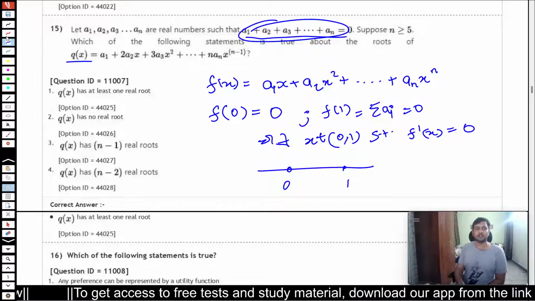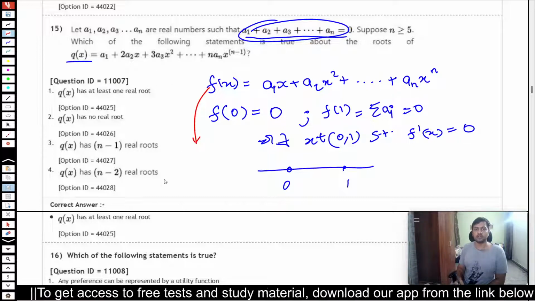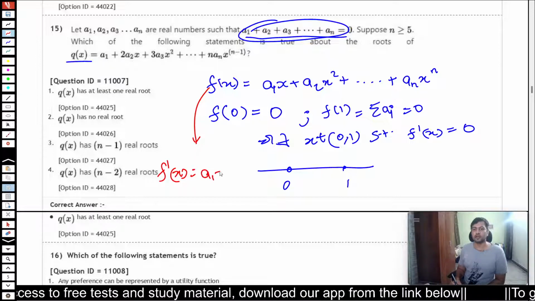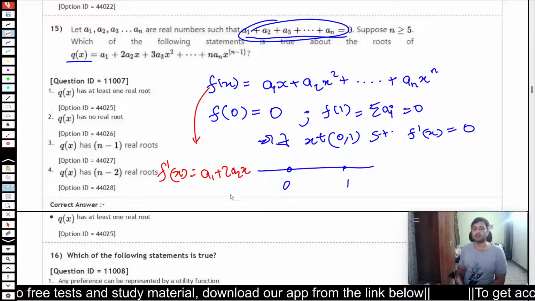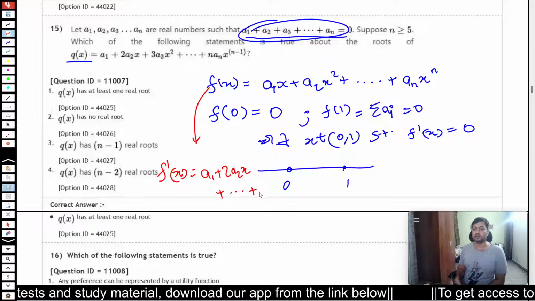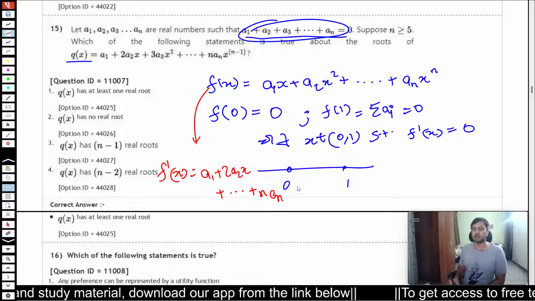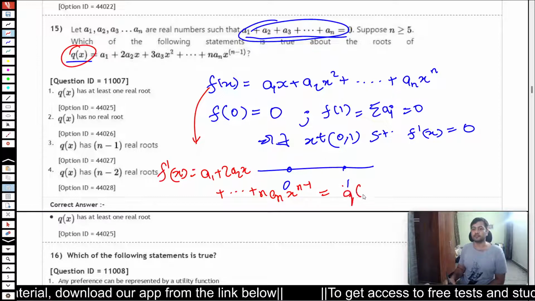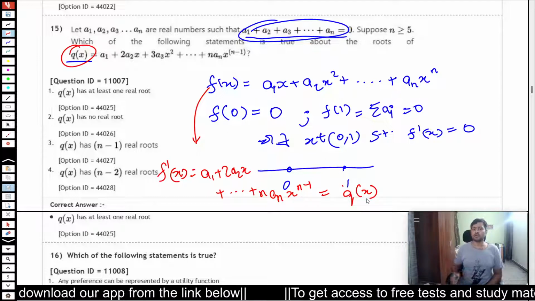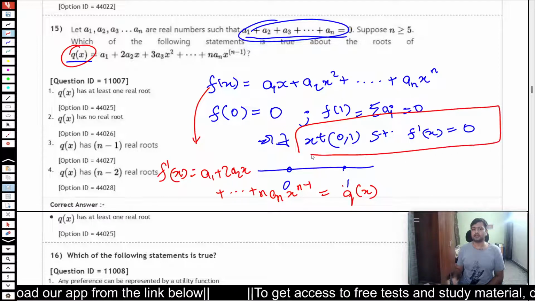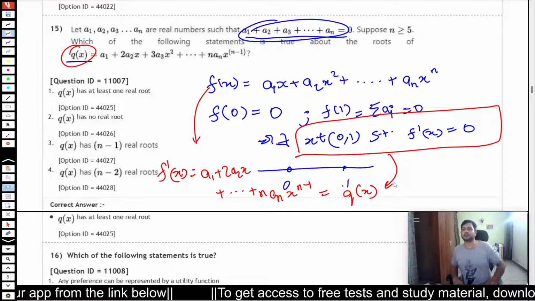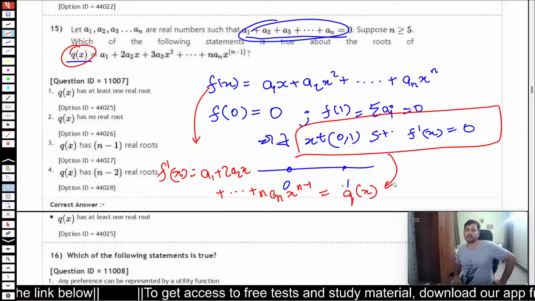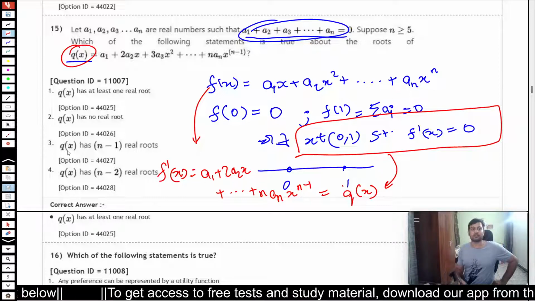And what is f prime? इस फंक्शन का differentiation करेंगे तो we'll get f prime of x is equal to a1 plus twice a2 x and so on till n times an x to the power n minus 1, which is nothing but the given function q of x. ठीक है. सो q of x के लिए ये चीज valid है. ठीक है, कि there exists some x between 0 and 1 such that q of x is 0 because q of x is nothing but f prime of x.